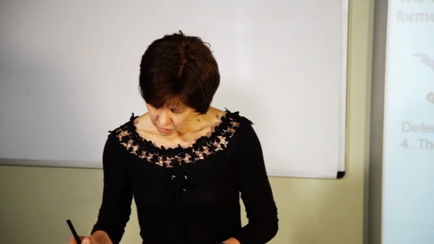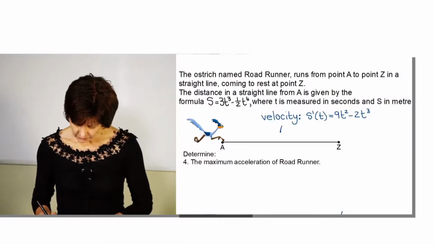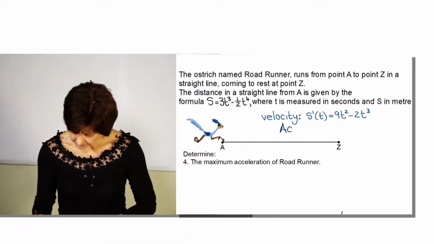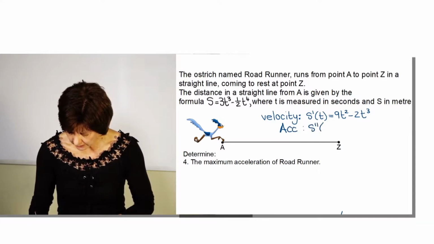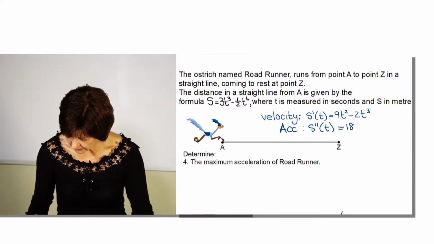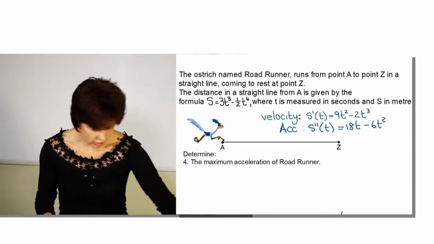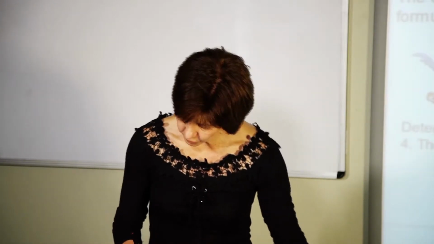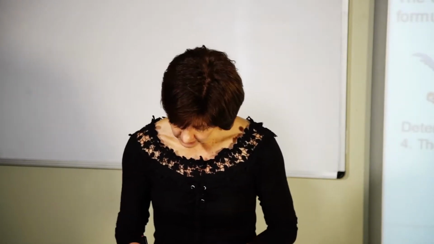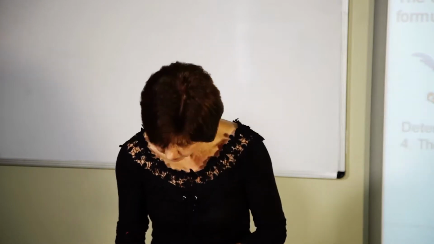A last question. The maximum acceleration of Roadrunner. Okay, so what will the acceleration be? The acceleration will be the second derivative, which is 18t minus 6t squared. For maximum acceleration, I have to differentiate the acceleration formula and let it be equal to 0, because maximums and minimums are reached where the derivative, the gradient, is equal to 0.